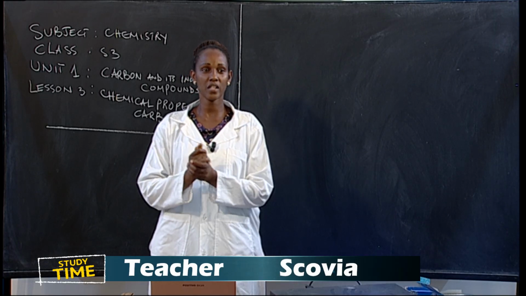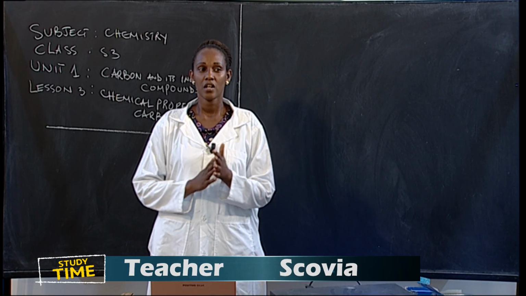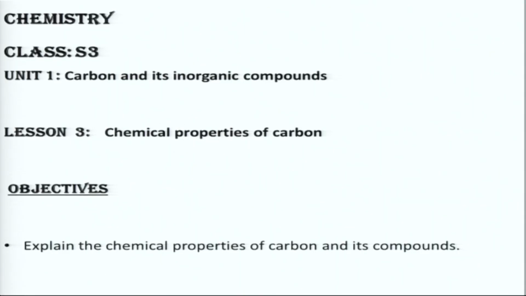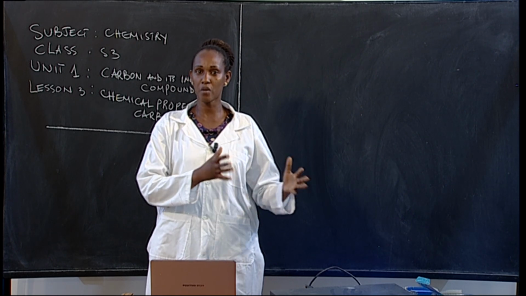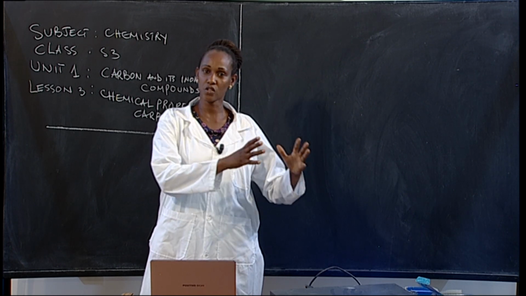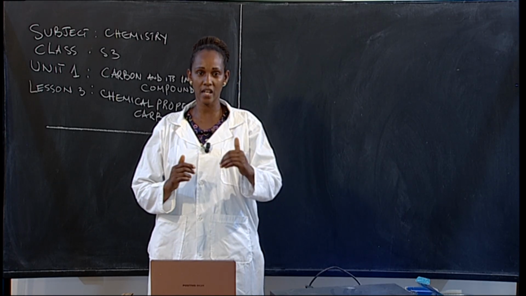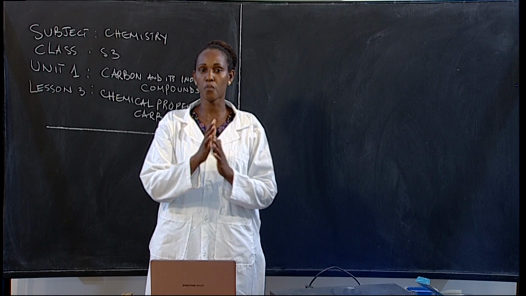We are continuing with Unit 1, that is carbon and its inorganic compounds. All right? We are heading to chemical properties of carbon. You remember in the previous lesson we were talking about carbon, forms of carbon, and the physical properties of carbon, but for today we are heading to chemical properties of carbon.